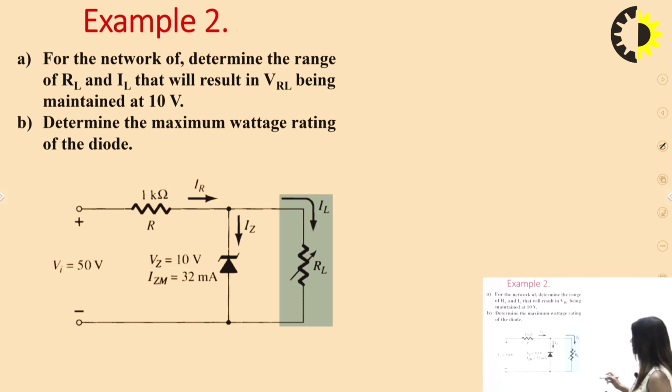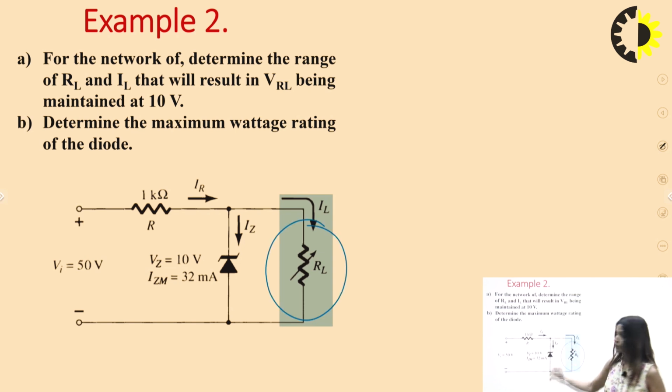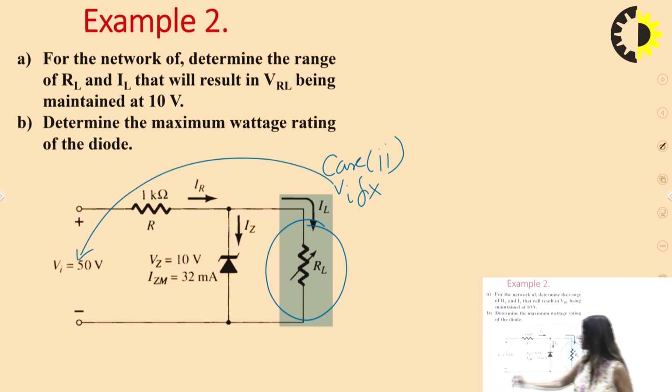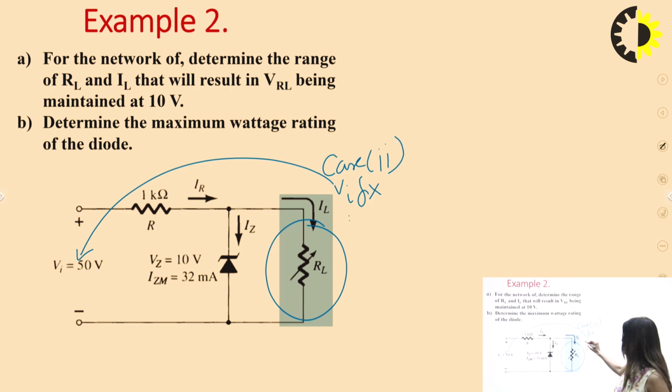We can see this RL is variable. That means we have been given the question for case 2, where VI is fixed. I can see in this VI is fixed at 50 volts, and RL is variable.